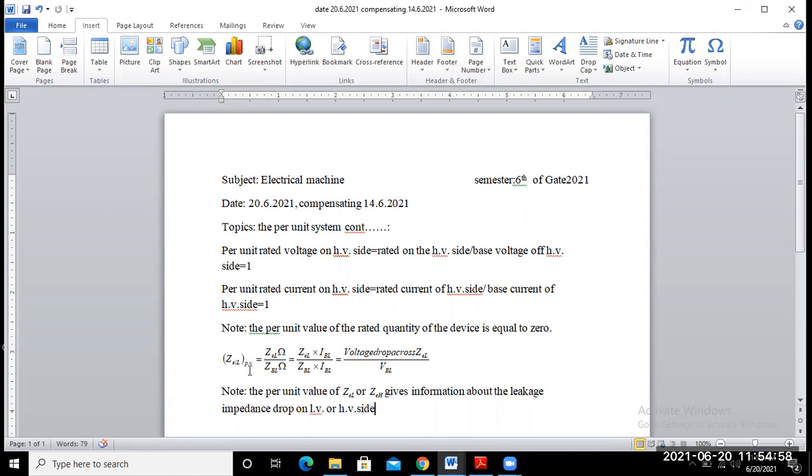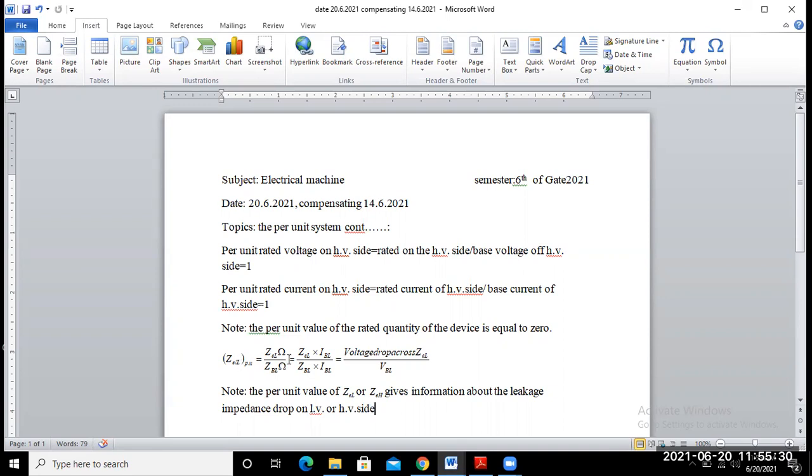Next, if you want to express the low voltage side impedance in per unit, we write Z EL in ohm divided by the Z base value of the low voltage side in ohm. This is the per unit definition for the impedance value, where Z represents impedance.